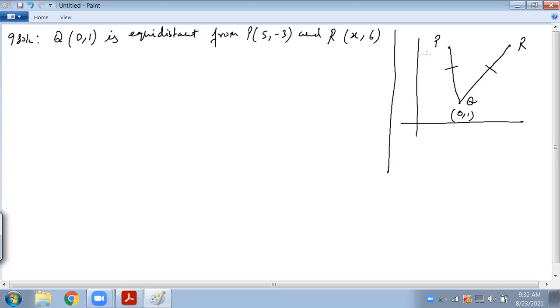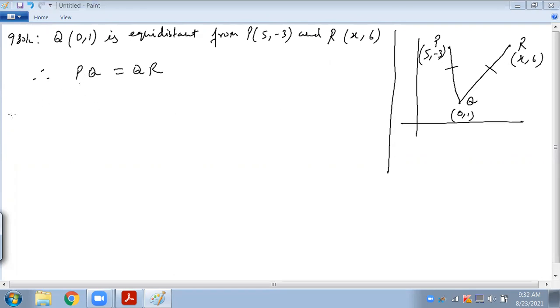Now P is given as (5, -3), and R is given as (x, 6). Since Q is equidistant from P and R, we can take PQ equal to QR. The distance between P and Q will be equal to the distance between Q and R.